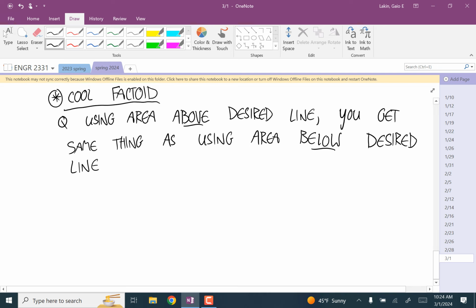Okay, so let's say your cross section is like this, and this is your neutral axis. And this is your line of interest.